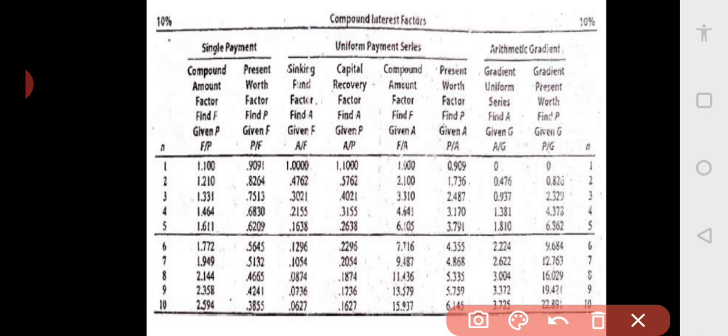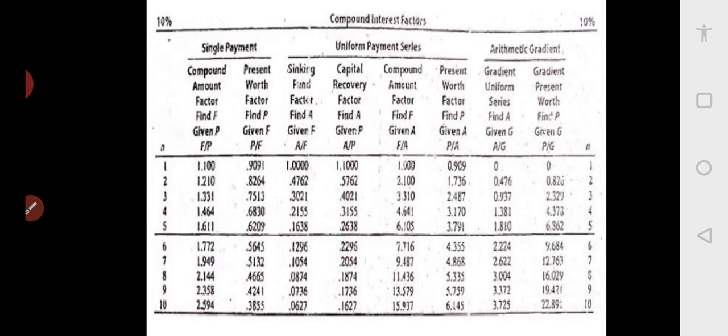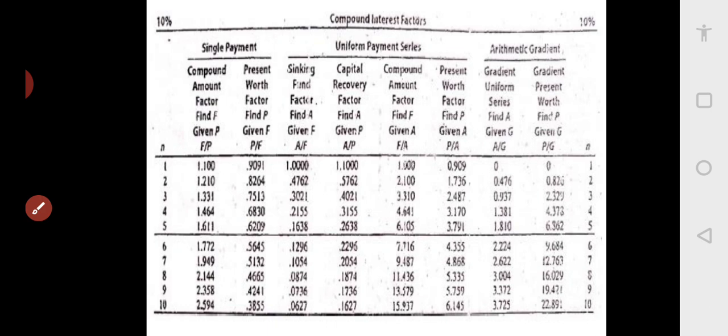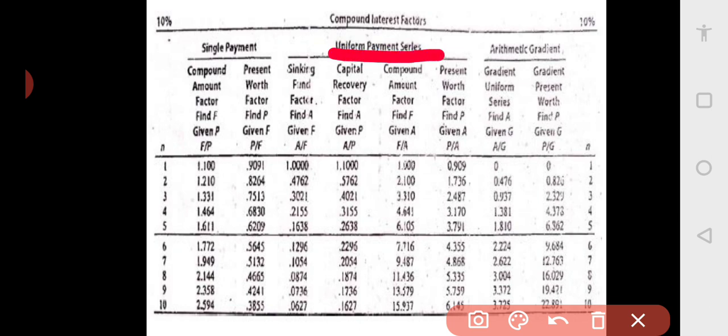So that value I have taken as 6.1446. You can see here, now this is uniform series because every year I am getting 1,65,000 rupees.